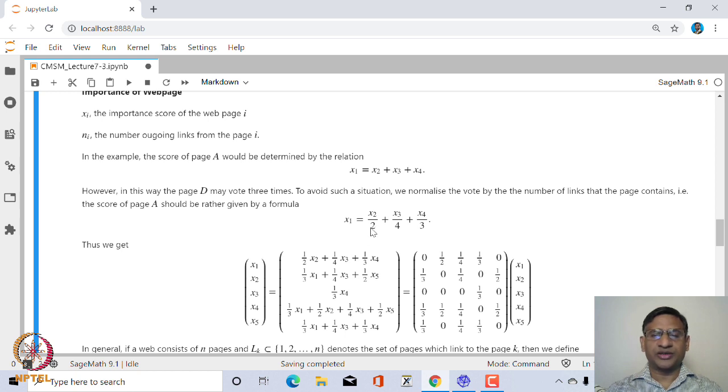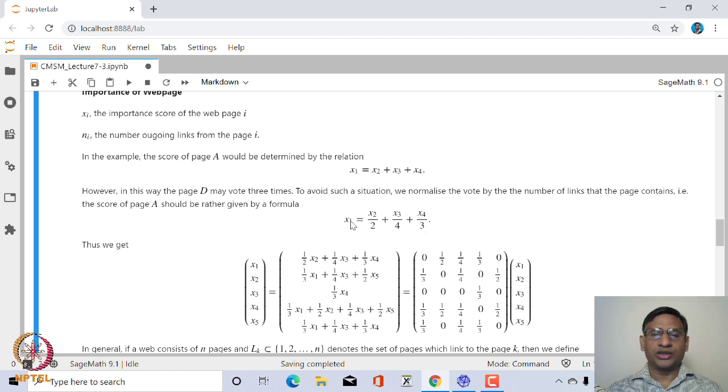Therefore x1 will be x2 divided by 2, similarly x3 divided by 4, since from x3 there are 4 outgoing links, and from x4 there are only 3 outgoing links. So x1 is equal to x2 by 2 plus x3 by 4 plus x4 by 3.